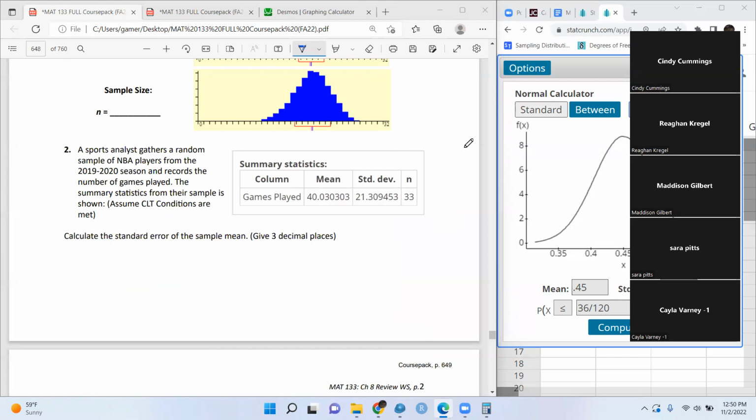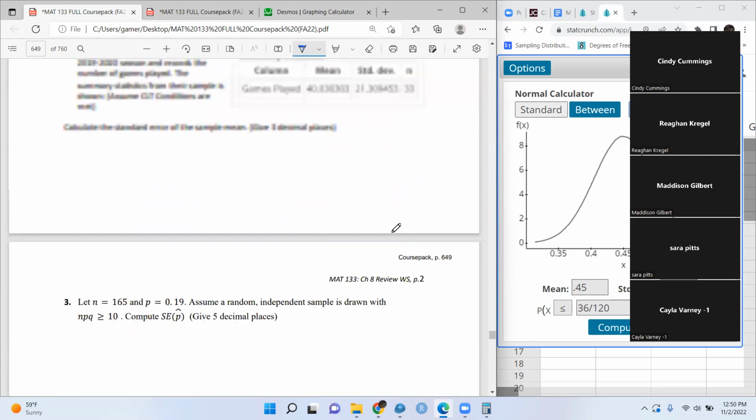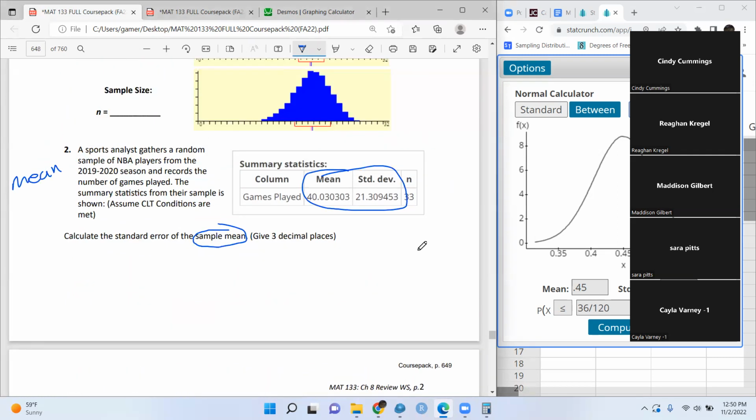Good. How do we know it's a mean, though? I'll circle it right here. We're given a mean and a standard deviation, and these numbers are greater than 0 and 1, so these are not proportions. So this is a problem dealing with a mean, so you're going to use your 8.1 stuff. Number 3 has that table, but that doesn't automatically mean that we're using it.